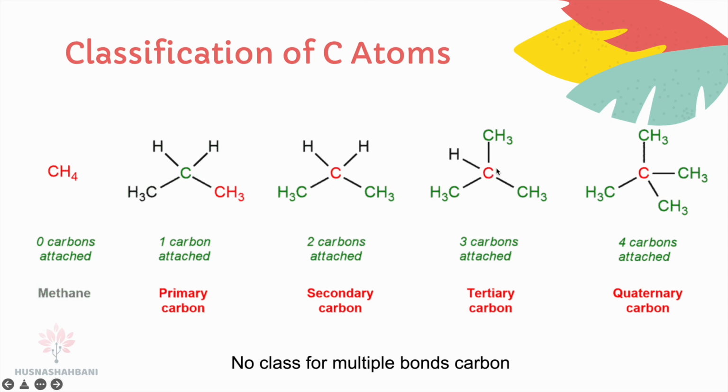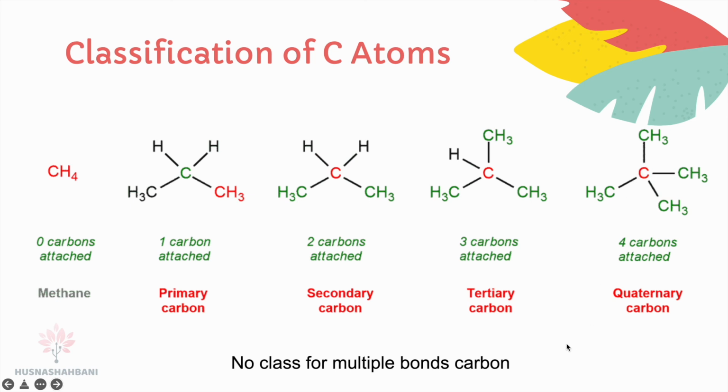Next, focus on this carbon again and count the number of carbon attached. 1, 2, 3. 3 carbons attached on this carbon. So this carbon class is tertiary carbon. Next, on this carbon, 4 other carbons are attached. So the class for this carbon is quaternary carbon.